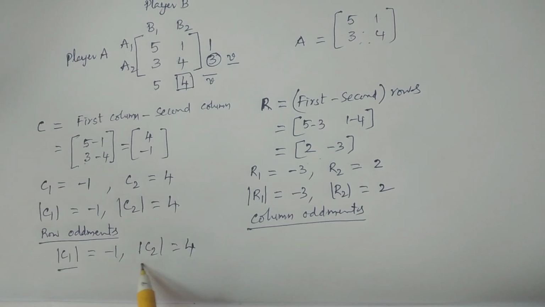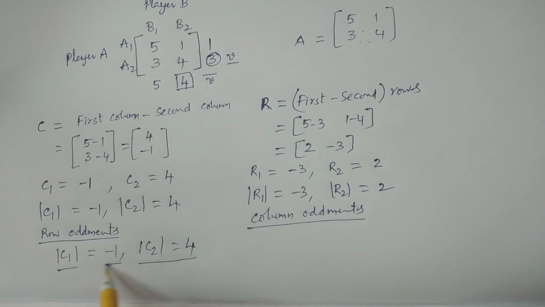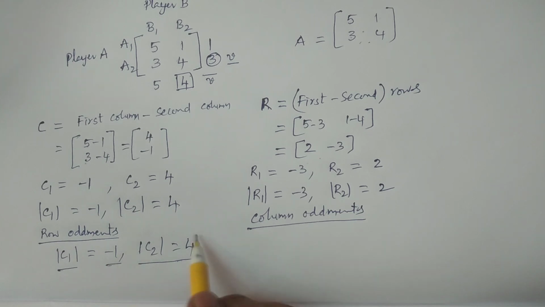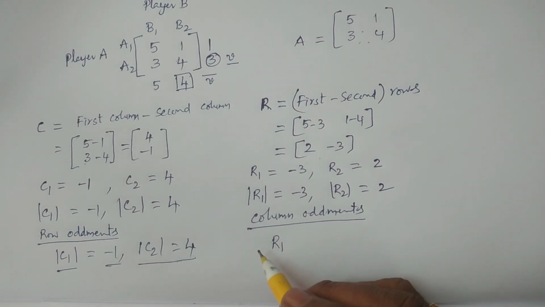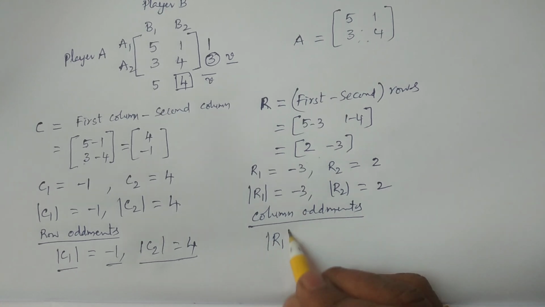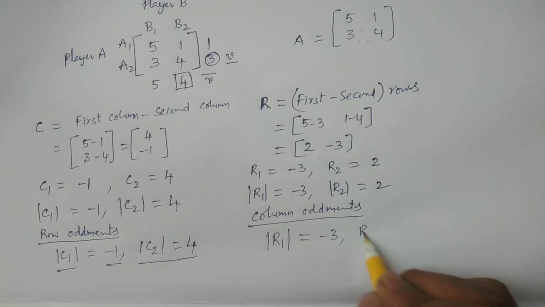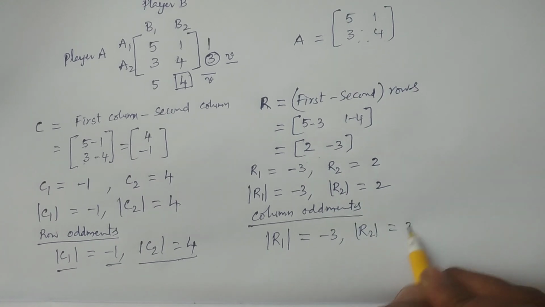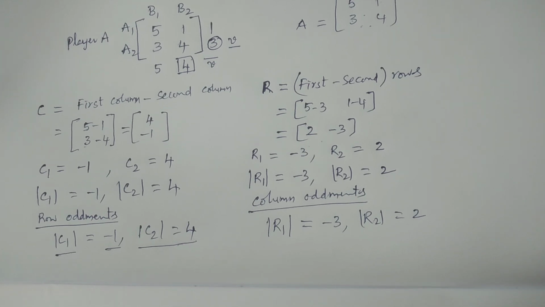First row, second row: -1, 4. Oddment means the magnitude of the oddment is 1 here and 4 here. Similarly, the column oddments are the determinant of R1, -3, and the determinant of R2, +2.